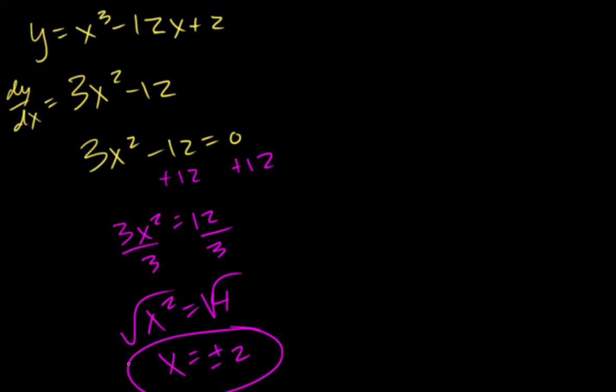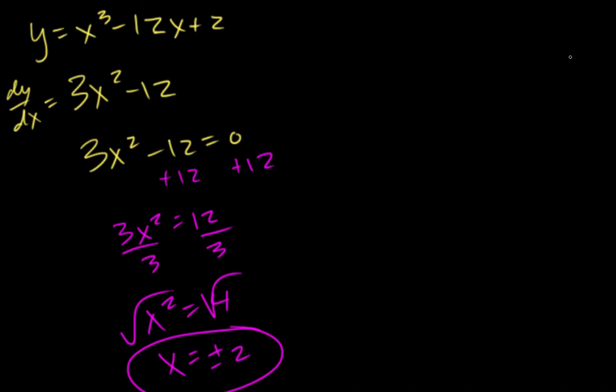So x is equal to plus or minus 2, and so that means we're going to have two tangent lines that are horizontal, one at x equals 2 and one at x equals negative 2. And so those are the x values though, so we need to know the y values in order to find this.